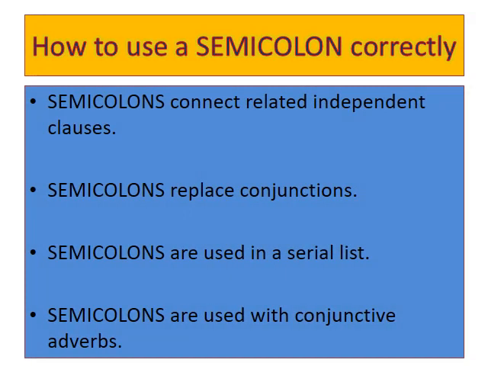It is very important to use the semicolon correctly. The most common use of the semicolon is to join related independent clauses. And when the semicolon is used to join or connect related independent clauses, the conjunctions like and, but, or will be removed.